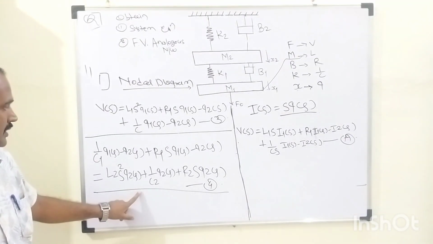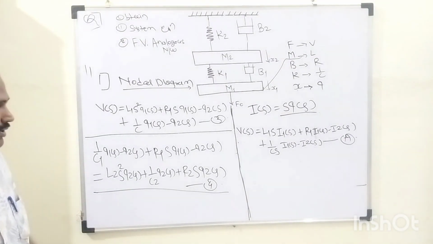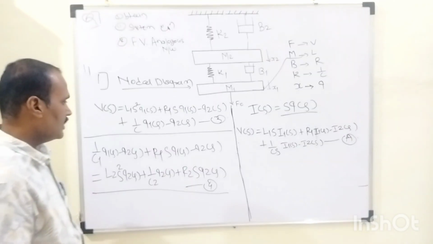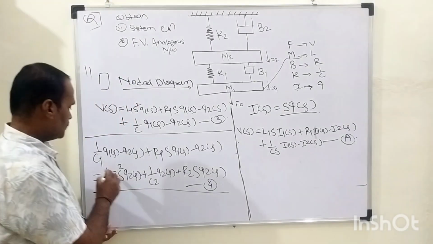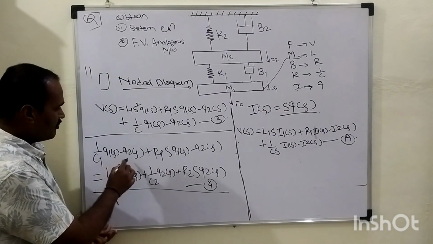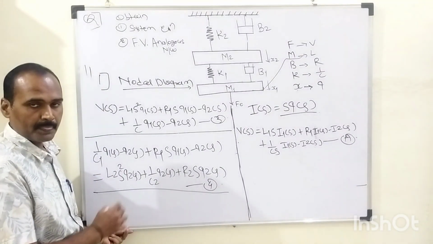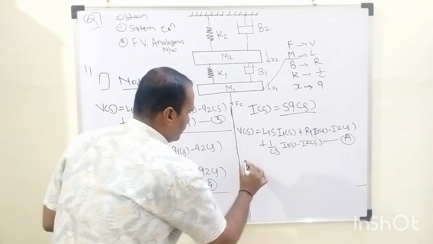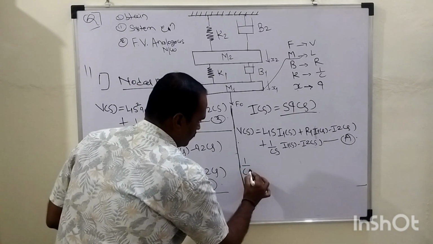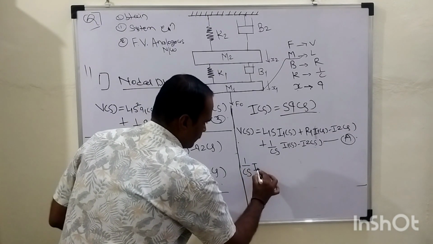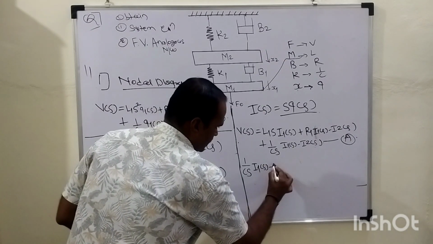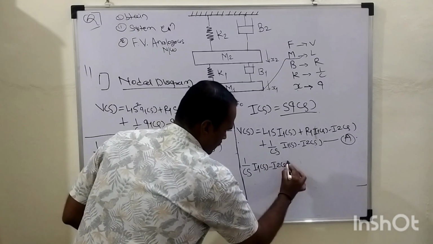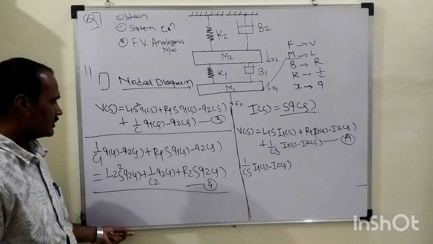So as a result of doing this, equation number 4 will become what? Hereafter I will write this equation number 4. As you can see, it is 1 by C Q1 of S minus Q2 of S. S into Q of S is nothing but I of S. So it will become 1 over C into S followed by I1 of S minus I2 of S, right?